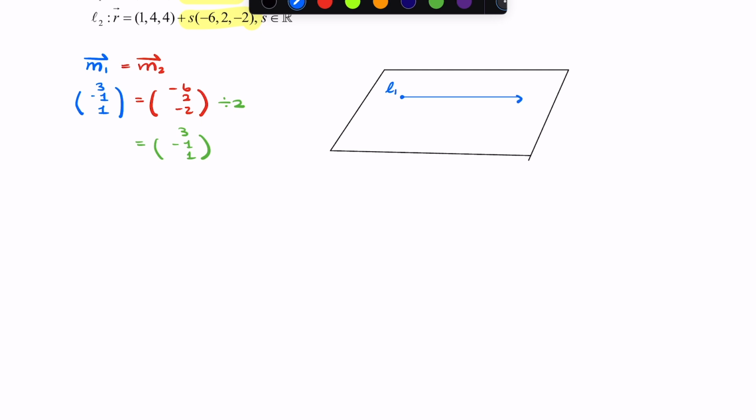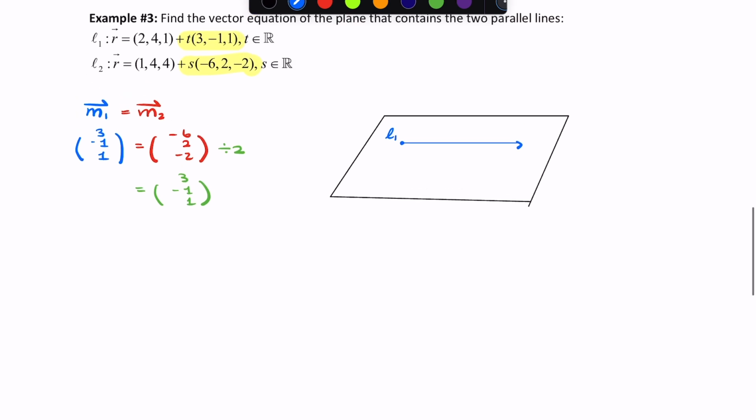For line 1, we see that point A is at 2, 4, and 1. And then for line number 2, the point B is at 1, 4, and 4.